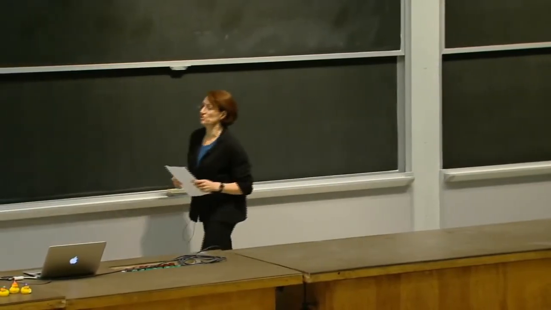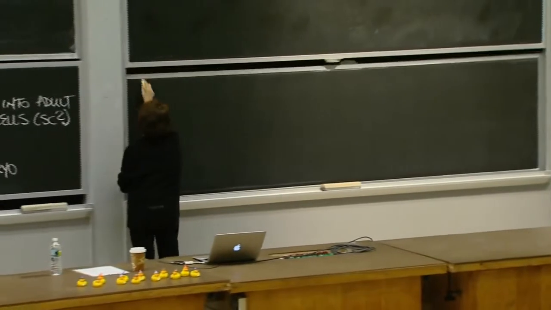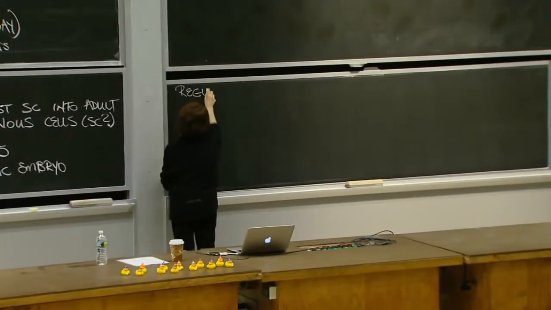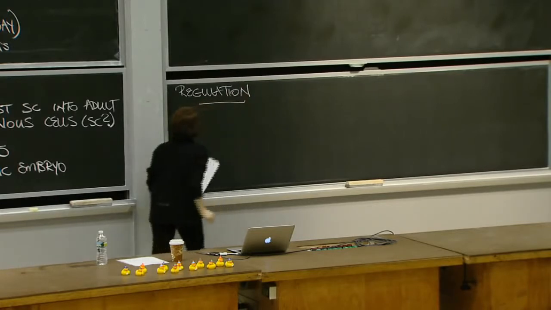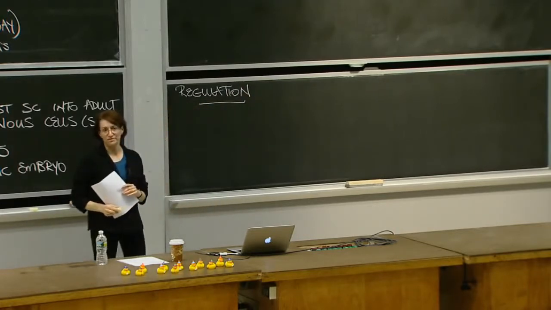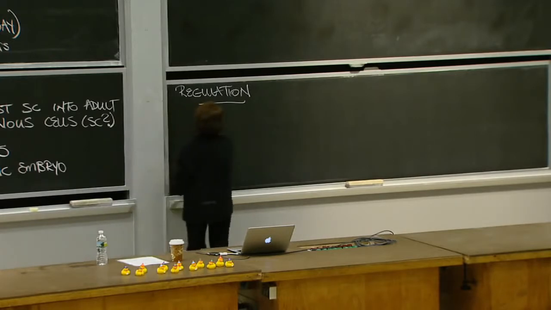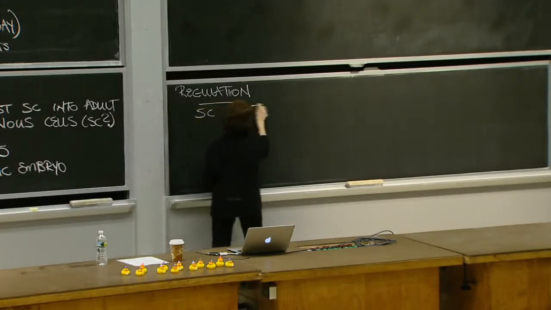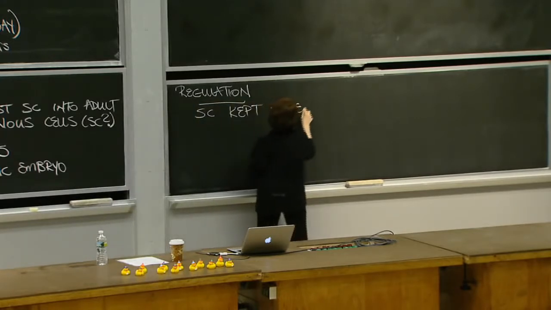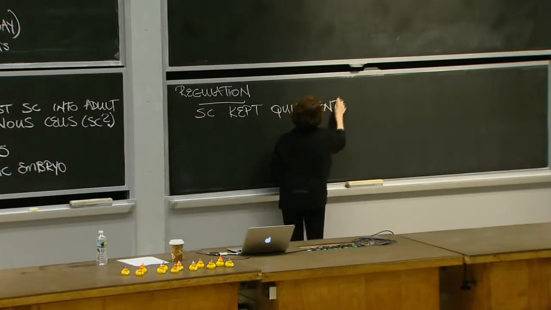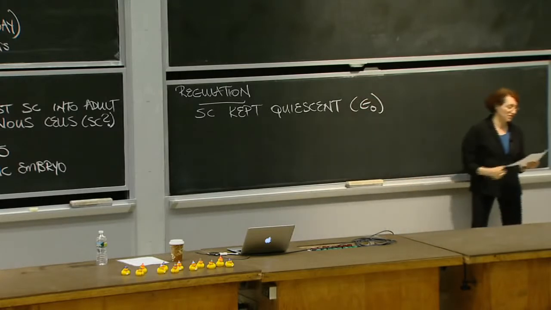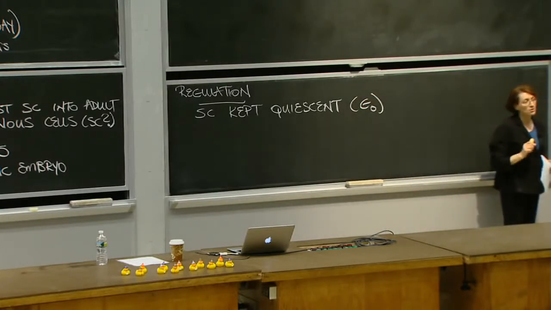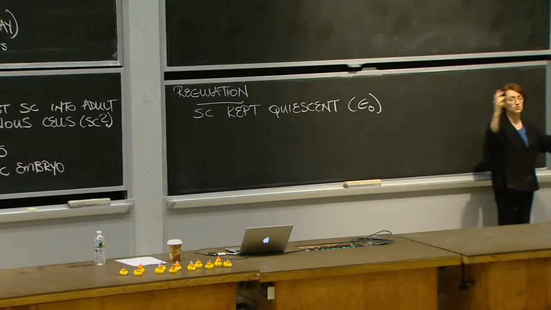And this is a question of regulation and the notion of a stem cell niche. Stem cells are kept quiescent, usually in G0 that we talked about in the cell cycle lecture. And they're kept quiescent by signals from the surrounding cells.